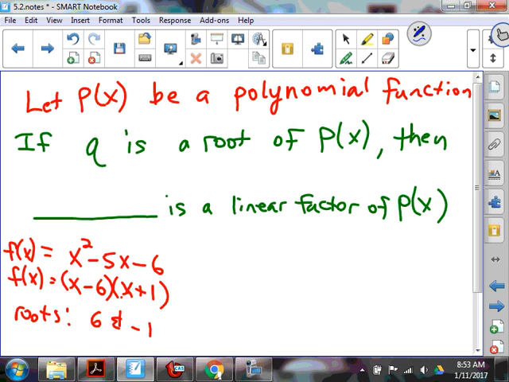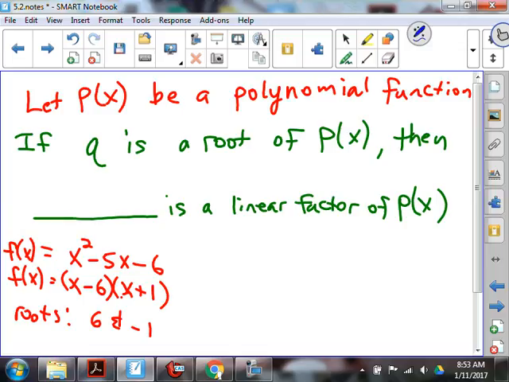So the question is, if q is a root of p of x, then what is a linear factor of p of x? The first period class couldn't figure it out either. Is it p of x itself?